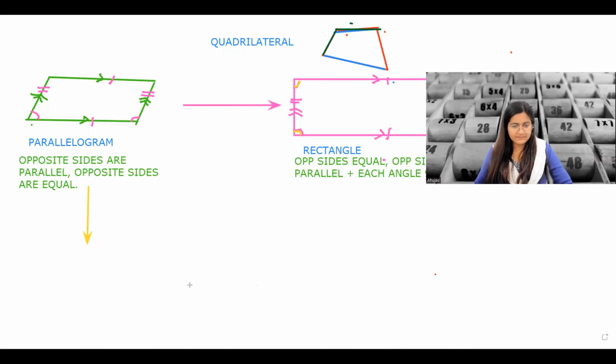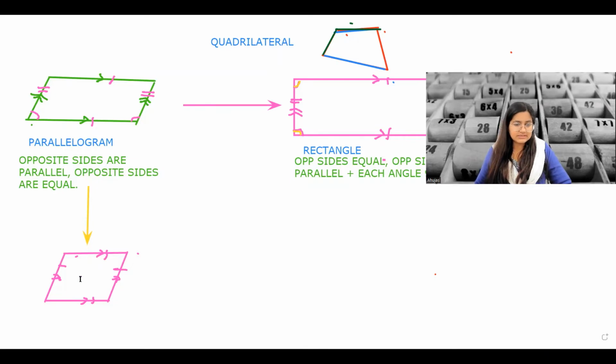Suppose in the parallelogram I have taken sides of 5 and 2, but I'm going to make these sides 5 centimeter each. This is parallel to this one, and this is parallel to this one, right? Opposite sides are parallel, and all sides are equal. Each side is of equal length.